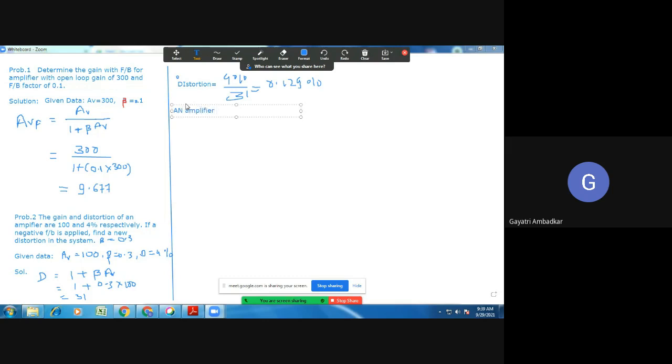An amplifier has mid frequency gain of 100. You understand what is a mid frequency gain? How you divide the bandwidth of an amplifier in three regions.